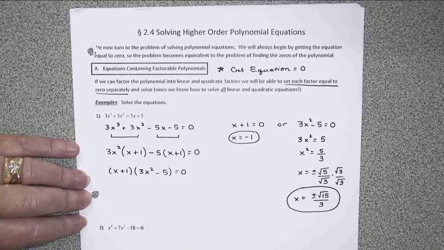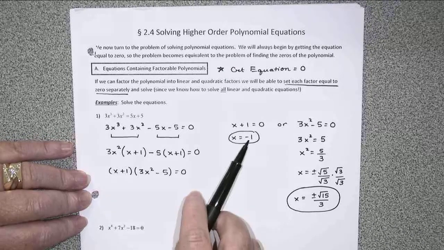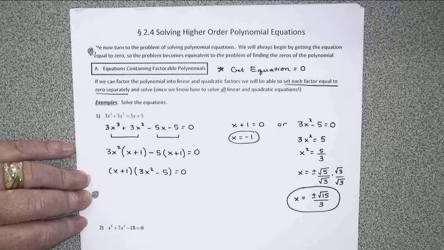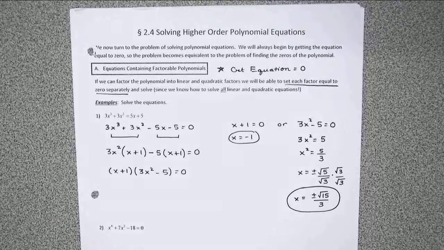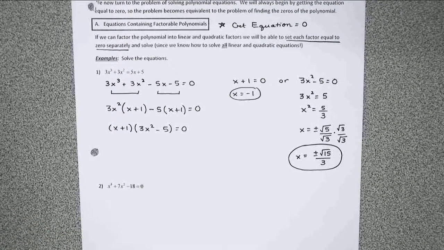So notice this time we actually got 3 solutions: negative 1, positive square root 15 over 3, and negative square root 15 over 3. Let's try another one.